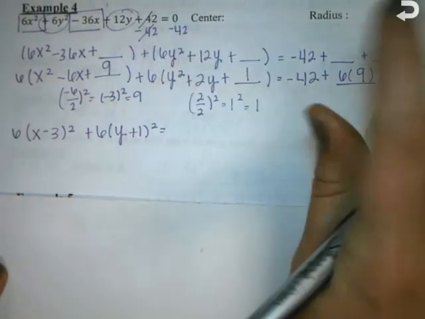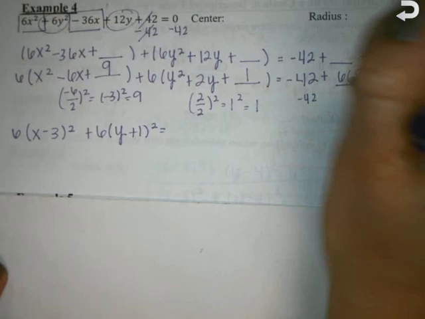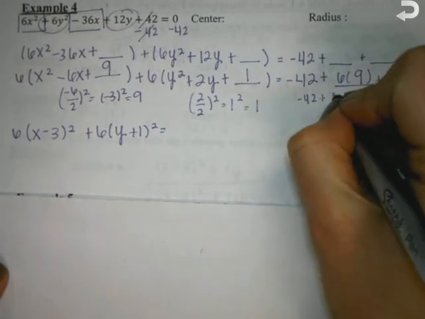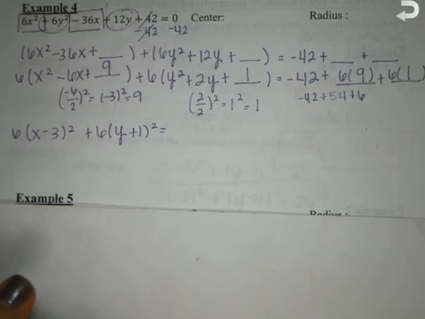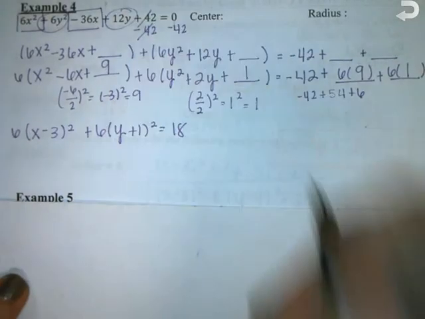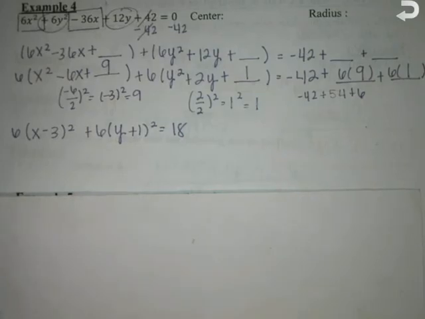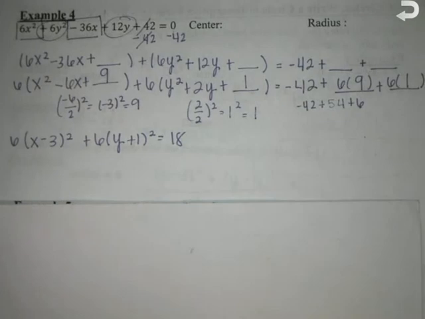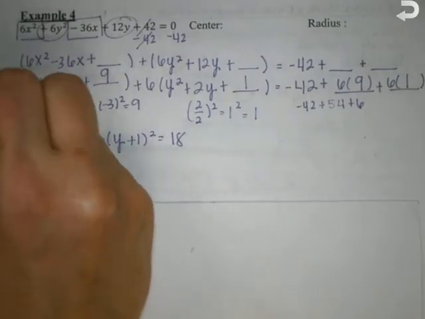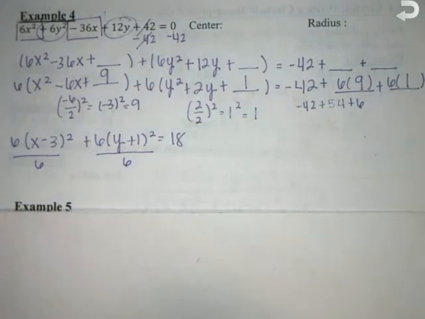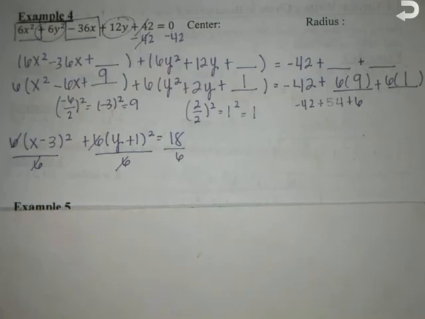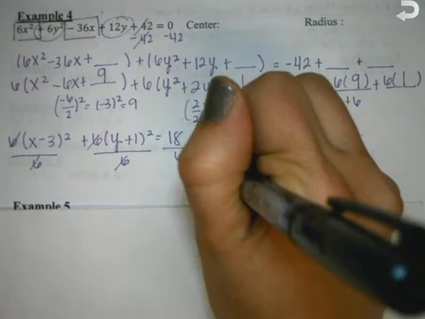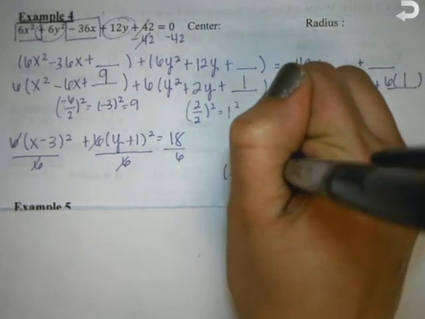Did anybody get that yet? 18. Okay. What can I do next? Excellent. We divide it all by 6. So that gives me, let me write it over here, x minus 3 squared plus y plus 1 squared equals 3. That is my descriptive form.